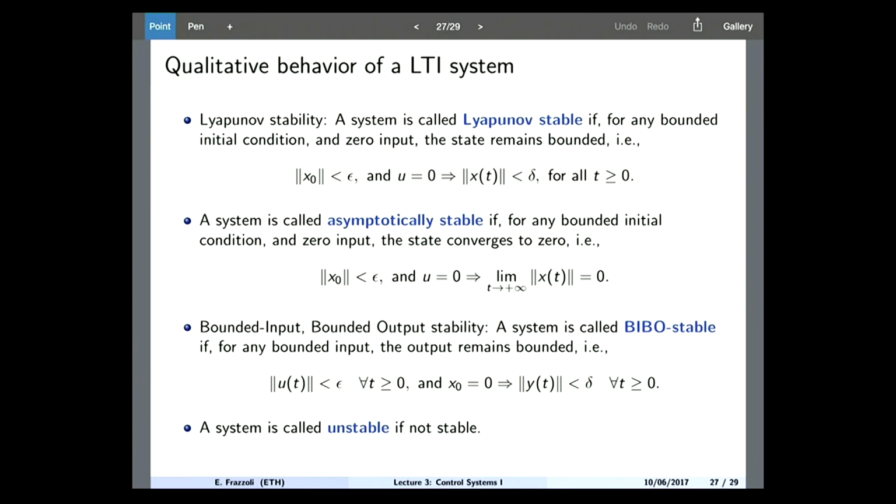Now, something really important, the number one thing I need to know about my control system is, will this system remain close to equilibrium, maybe deviate a little bit, or will it blow up and go very far away from equilibrium and kill people and break stuff in the process?